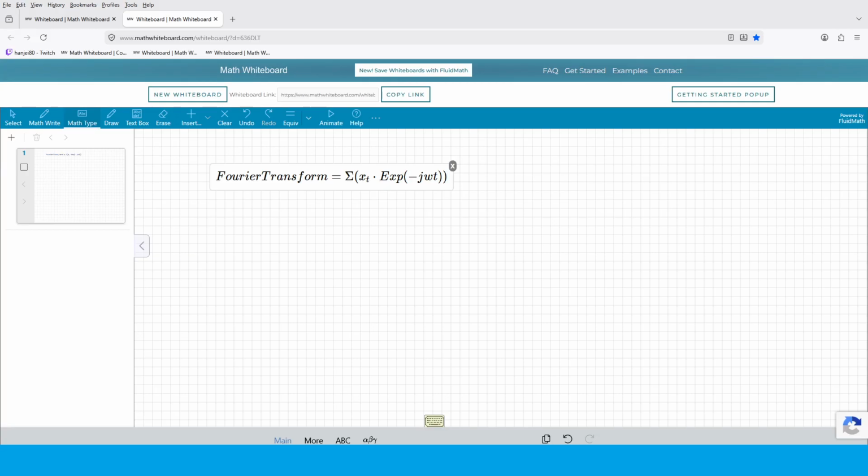J is for complex number in engineering. Omega t is the frequency. So basically it's saying if you multiply the frequency and the input vectors of your analog signal, your xt, you get a Fourier transform. What does that mean?